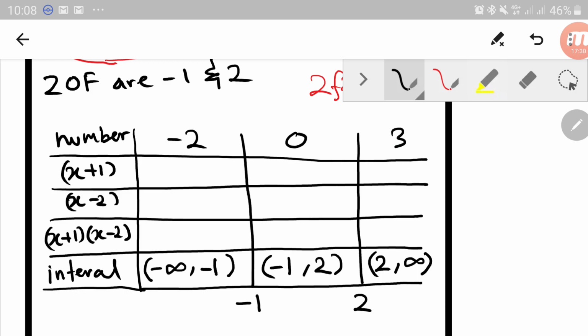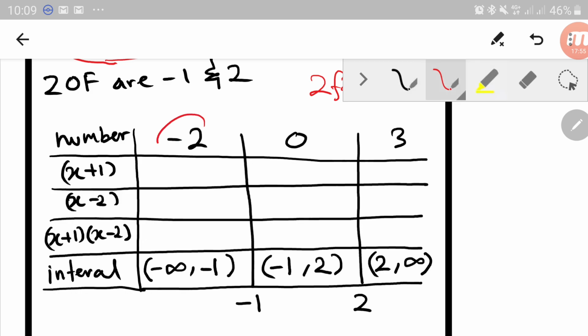Now what we should do is use the number and substitute inside the bracket, and then we look at the sign. We don't care about the value of the number, we just care about the sign, whether it's positive or negative.